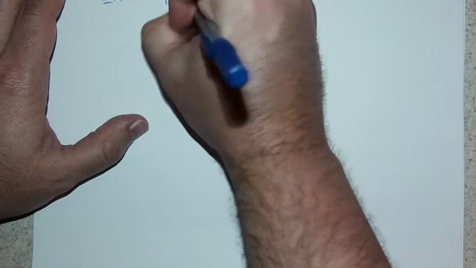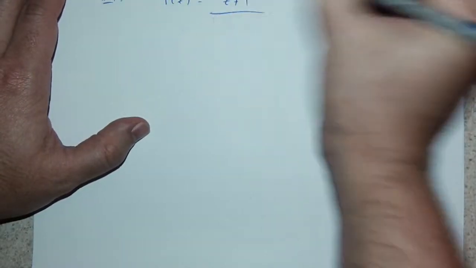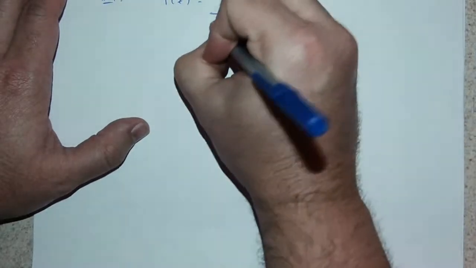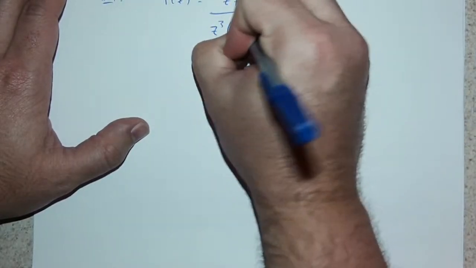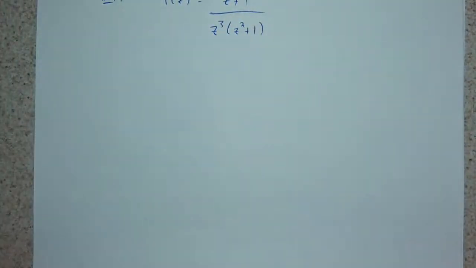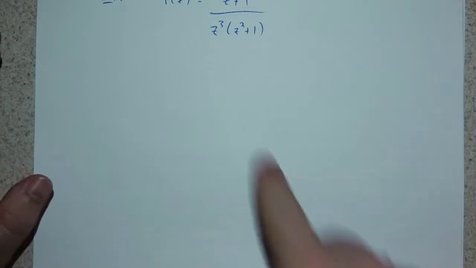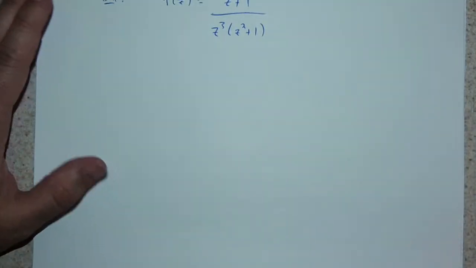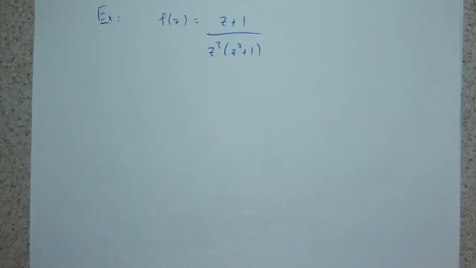So let's look at an example here. Let's look at the function f of z, which is, say, z plus 1 over z cubed times z squared plus 1. What are the isolated singularities of f?